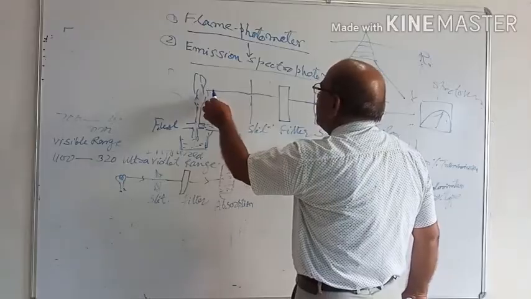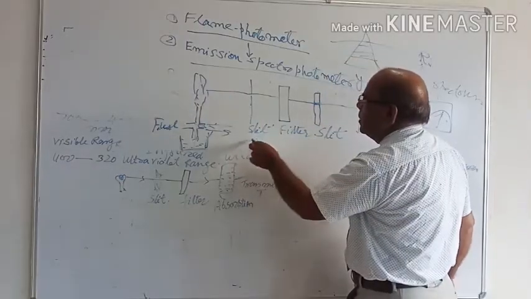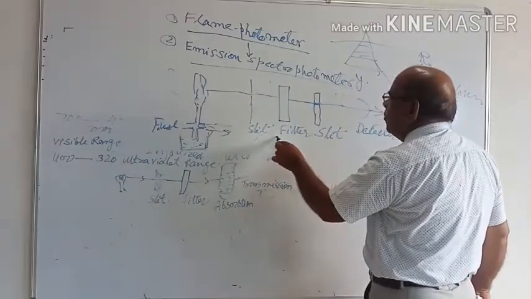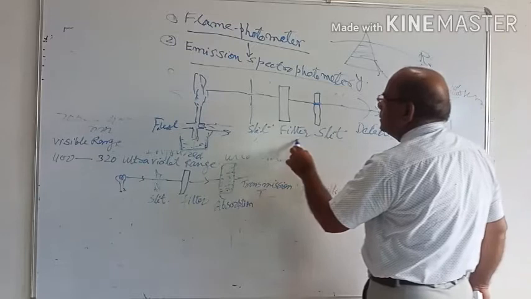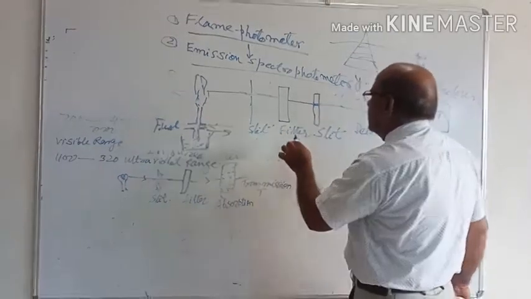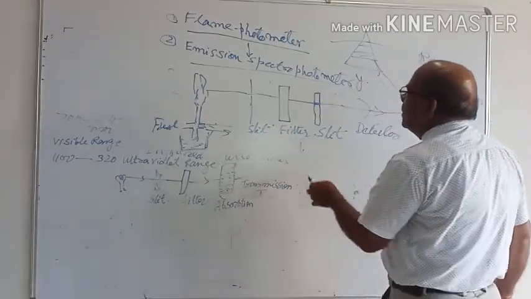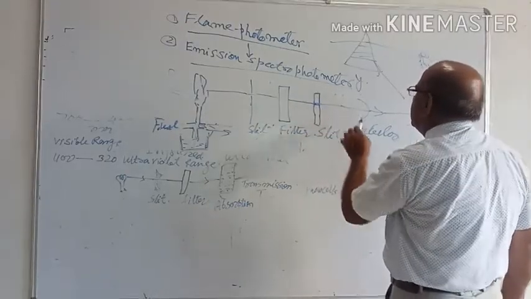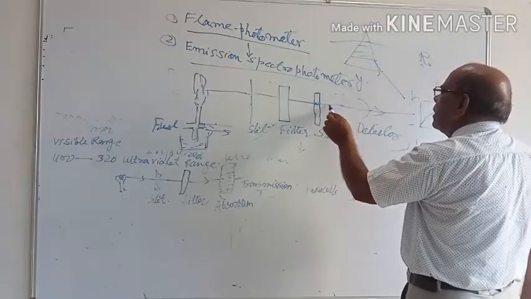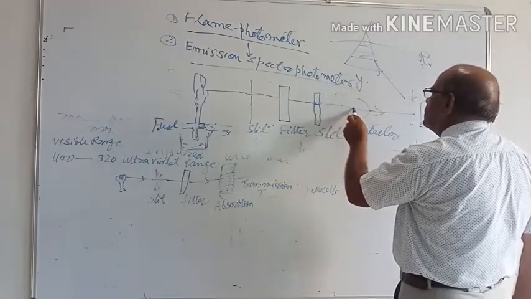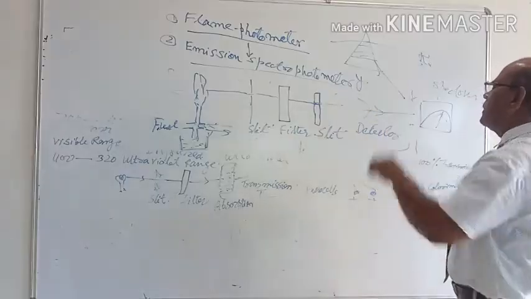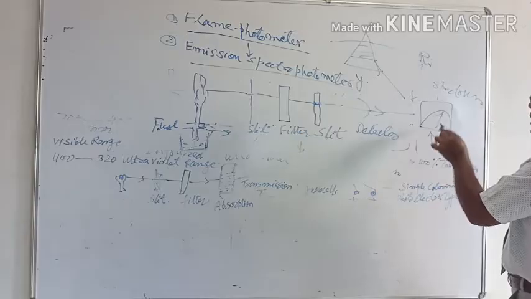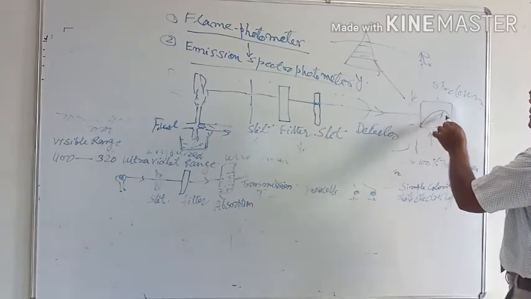The spectrum of light passes through the slit, and after the slit it passes through a monochromator, that is a filter of the desired spectrum, and after that it passes through the second slit, and ultimately the transmitted spectrum after absorption by the atoms is made to fall on the detector.